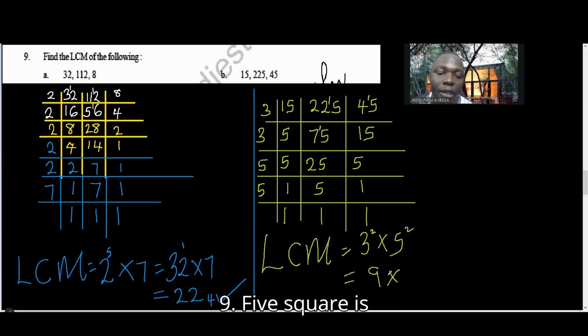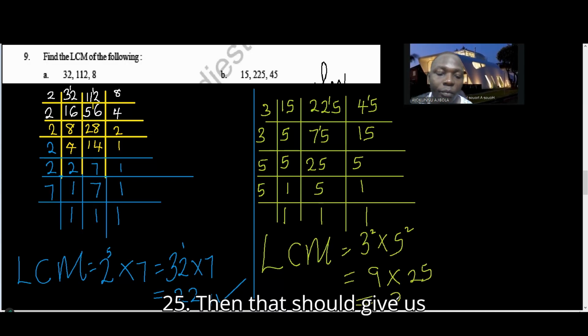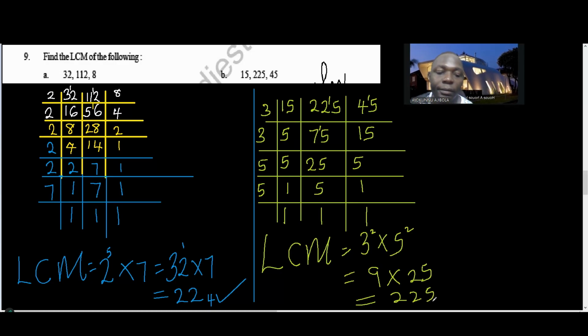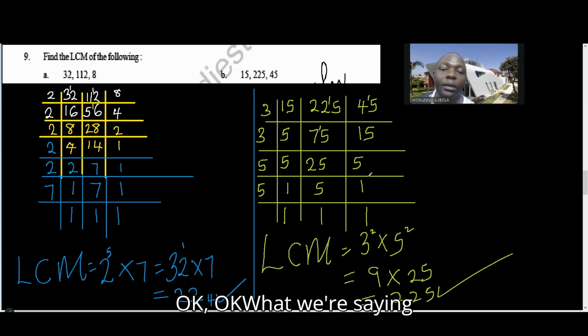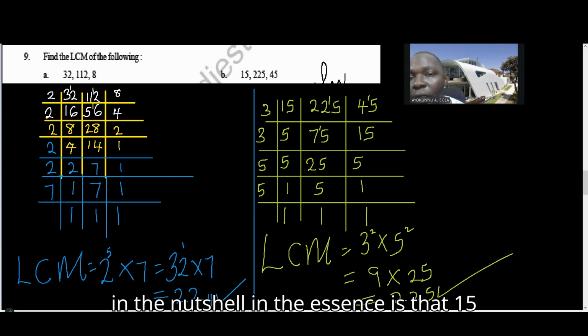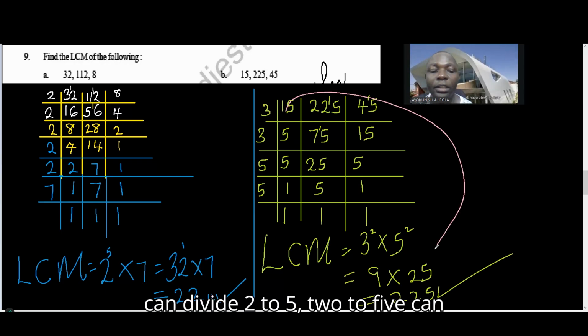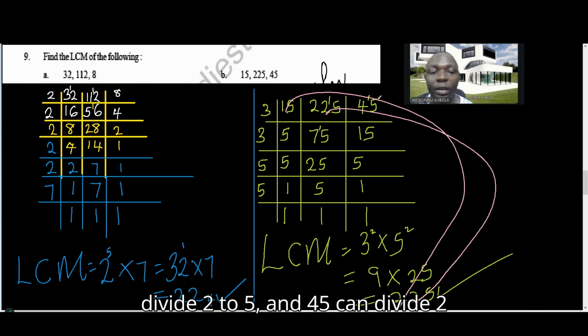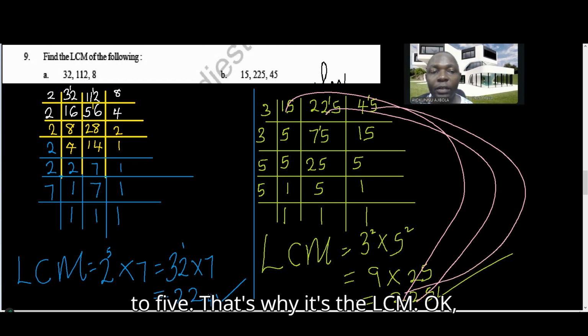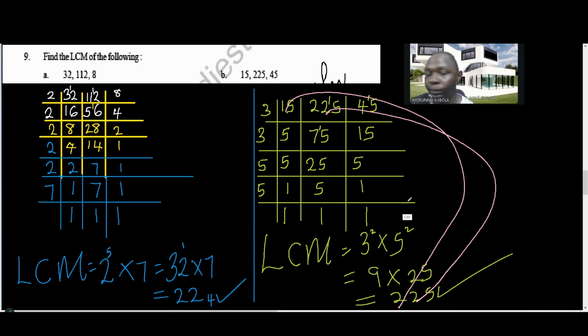Yes. 3 squared is 9. 5 squared is 25. Then that should give us 225. What we are saying in a nutshell is that 15 can divide 225, 225 can divide 225, and 45 can divide 225. That's why it's the LCM, okay?